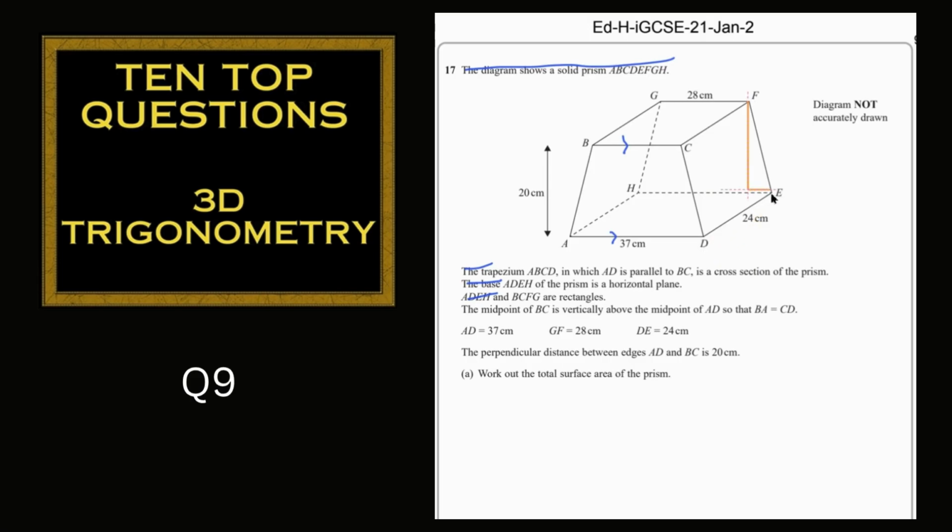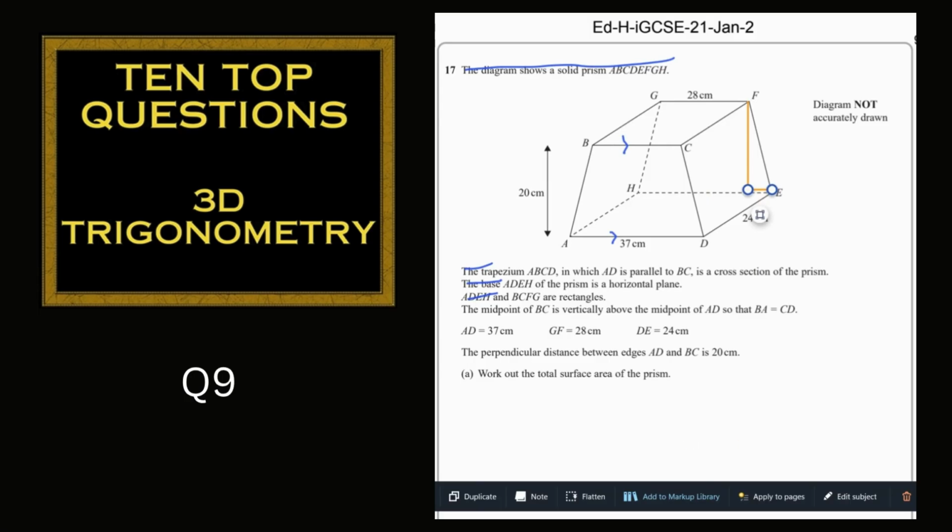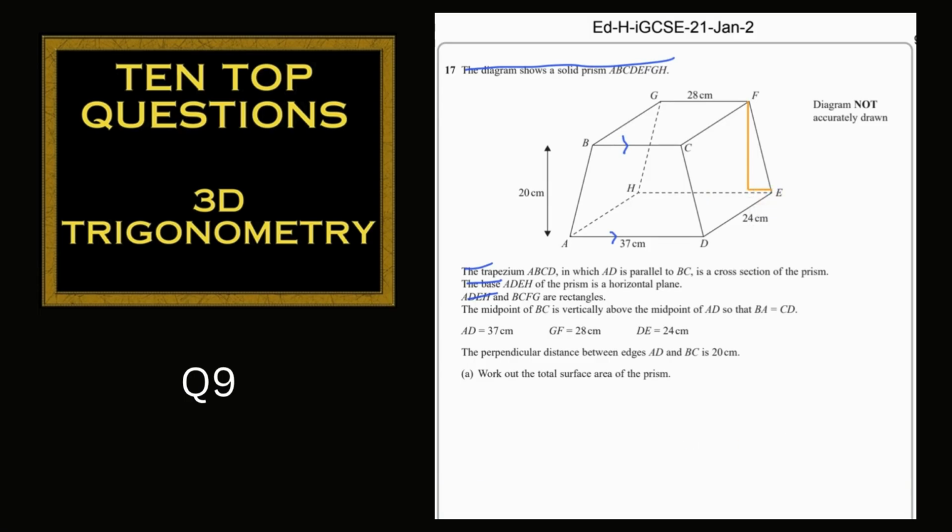In a rectangle, the area is the 24 multiplied by the length of C to D, or in how I've marked it here, from F to E. And that's not been given. We've been given the 20, which is there, but to find F to E, we need this little bit here.